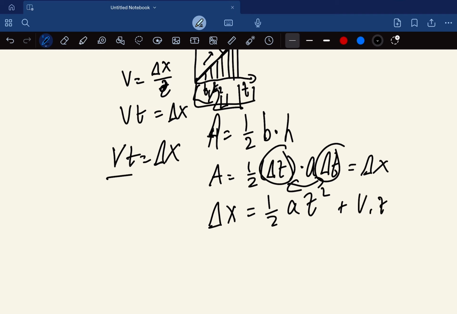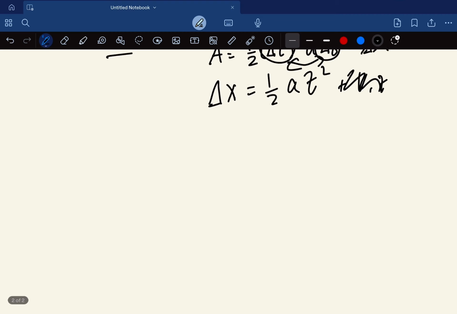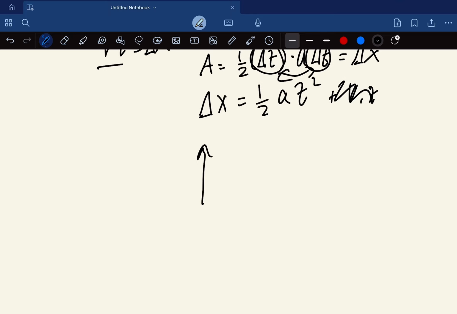So this term of plus vi t is assuming that we have an initial velocity such that it starts at a different point. So let's say it starts at a point vi. Then we would just have to add vi times t, since this would, I'll rewrite this in a new graph. Let's say we start at point vi.